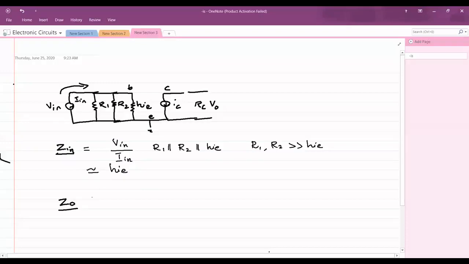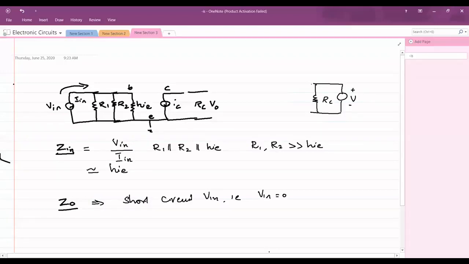Now, to find out the output impedance of the amplifier, the procedure is to short circuit the input, so that VIN will be equal to 0. Now we apply a test voltage across the output terminals. We can redraw the output with a test voltage applied across the output terminals, and across the output terminals there is one resistance, that is RC.